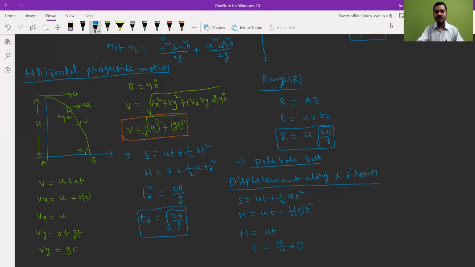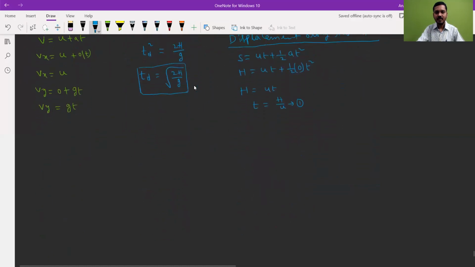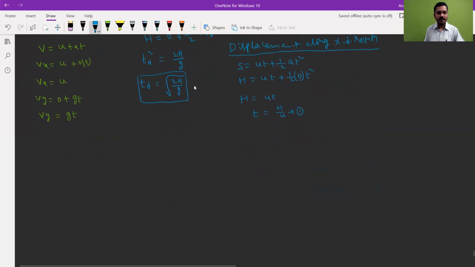Similarly, displacement of the body along the y direction. I am using the same equation here also: S is equal to ut plus half into at square.